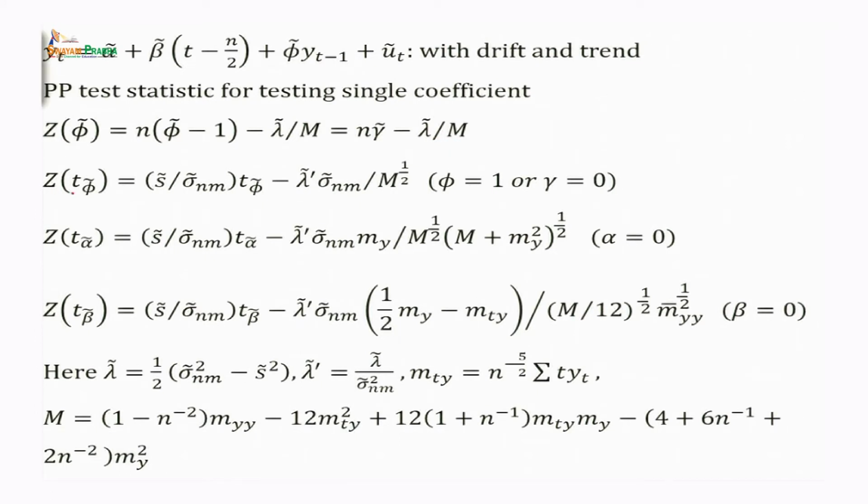Similarly, you define Z t phi curl equal to S curl upon sigma curl n m t phi curl minus lambda curl dash sigma curl n m upon m to the power half. And then you have Z t alpha curl equal to this.